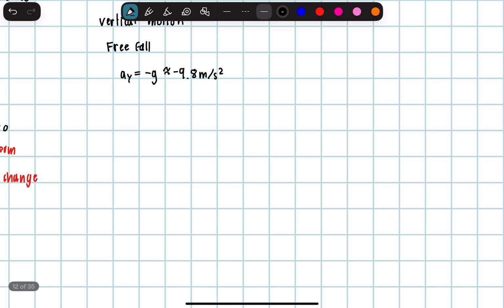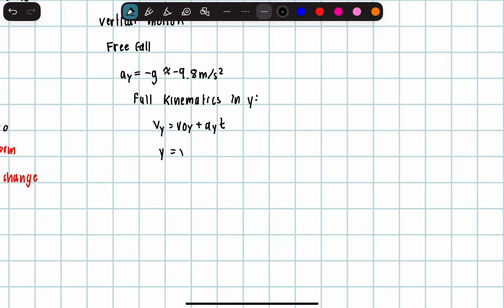Now, we use the full kinematics equations in the y direction, which means we have v_y is equal to v initial y plus a_y times t.